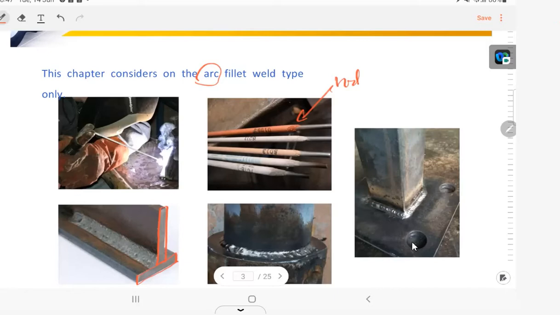Then it joins. This also is part one and part two.